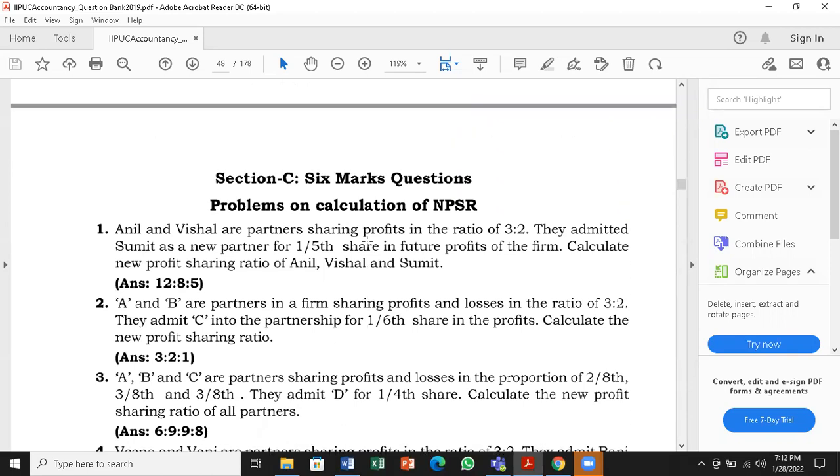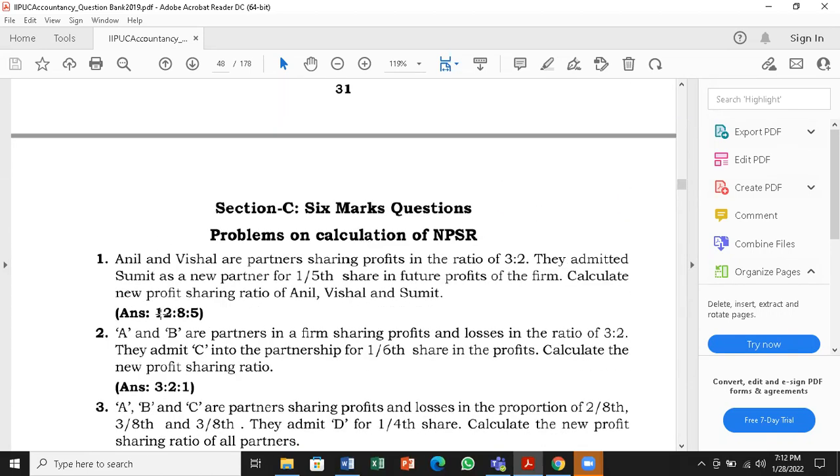So I'll go for the page number 32. Question here: Anil and Vishal, the first one, number 1, are partners sharing profits in the ratio of 3:2. They admitted Sumit as a new partner for 1/5 share in the future profits of the firm. Calculate the new profit sharing ratio of Anil, Vishal and Sumit. So this is what the question is all about.